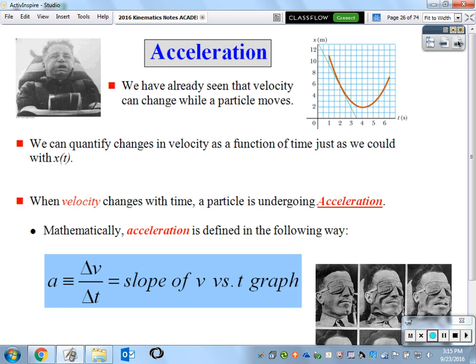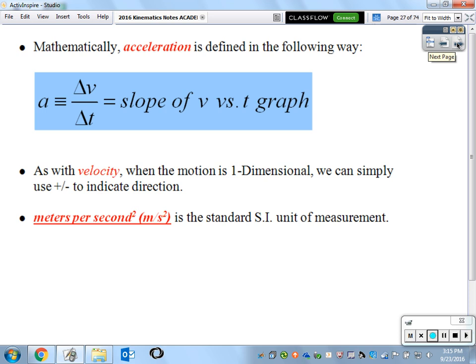And that's a unique case, and we'll talk about that in January, but it is something I do need you to know. Acceleration is any change in velocity, and technically, we can also find it on a velocity versus time graph. As with velocity, when motion is one-dimensional, we can simply use a plus or a minus to indicate a direction for acceleration.